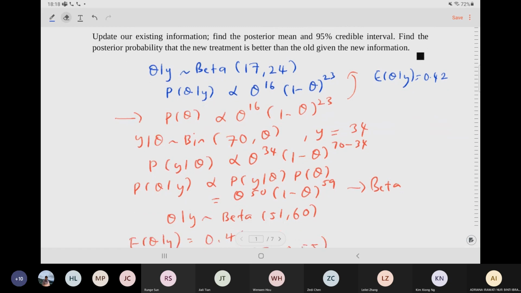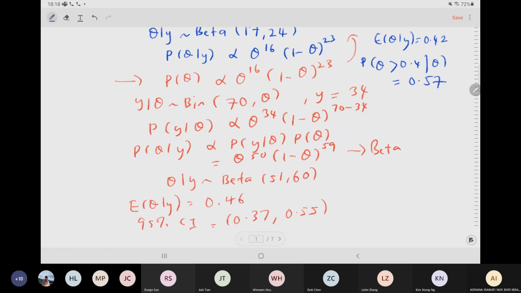And the probability, oh yeah, this one we have the probability of theta bigger than 0.4, when it's better, right? Then given theta, the old one is actually 0.57. So we can find this with the new distribution.